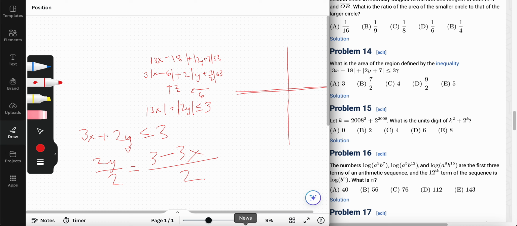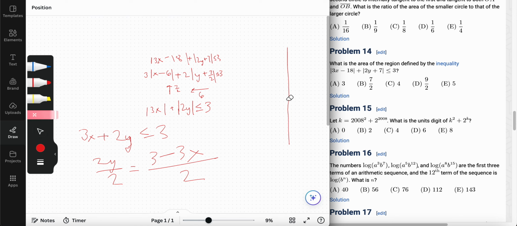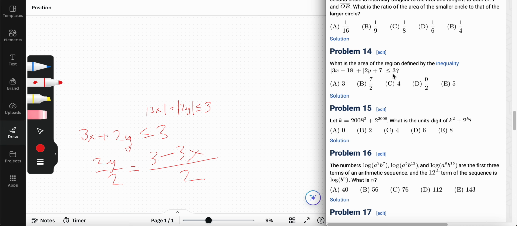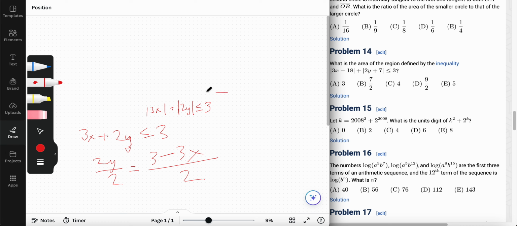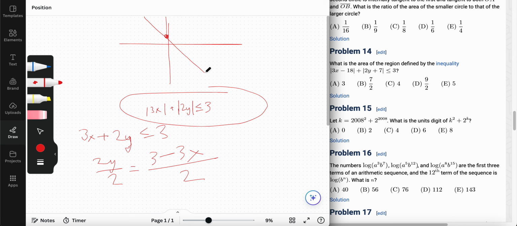I'm going to get rid of all of this. So basically all I did was shift this so that I get this, and that doesn't affect the area. So I can plot this. This is positive 1.5, and then negative, something like that.